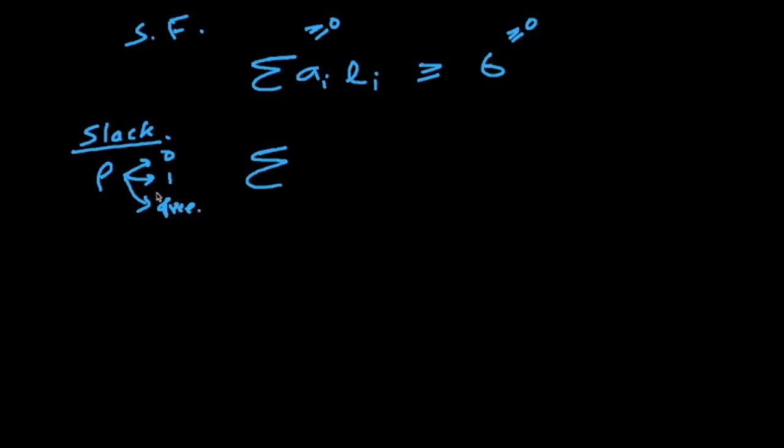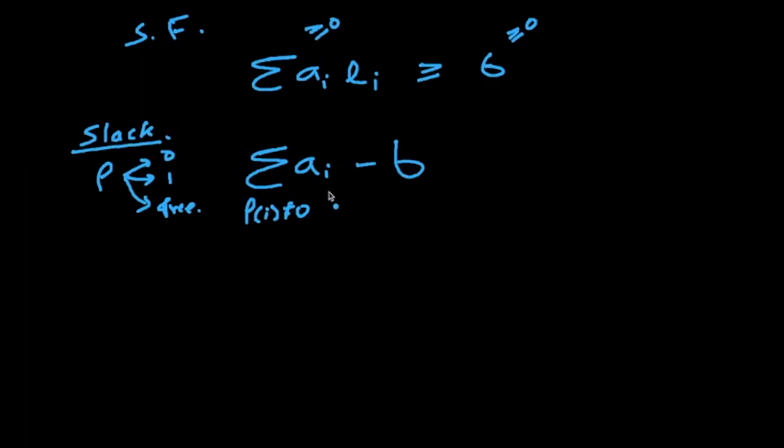So I take all the coefficients ai for which rho of i is not equal to 0. This can be the literals which are set to 1 or literals that are free. So this is the largest value the left hand side can take, and I subtract b from it. So this is my slack.